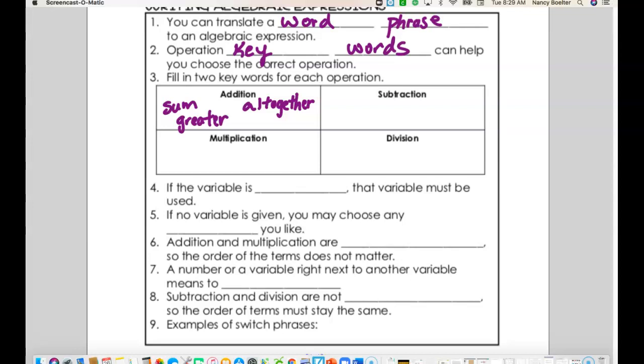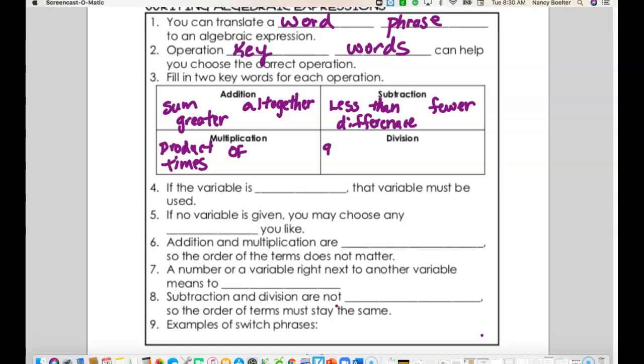For subtraction, we have less than, the difference, fewer, and keep going if you can think of more words. Multiplication: product, times, of are all very common ones.